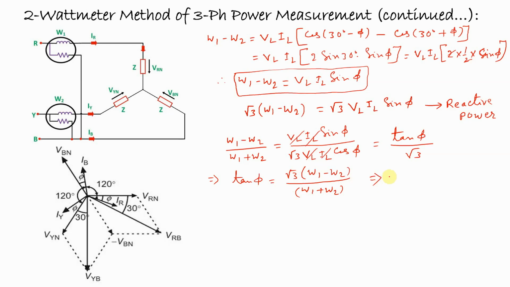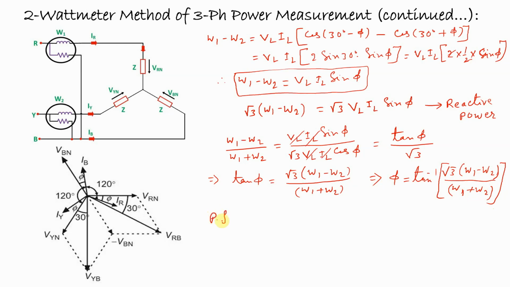So phi can be written as tan inverse of root 3 into W1 minus W2 upon W1 plus W2. Remember, W1 and W2 mean the readings of the two wattmeters. So from this formula, we can find the value of phi. And what is phi? It is called the phase angle.